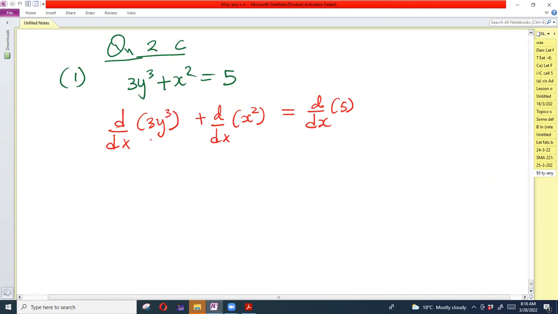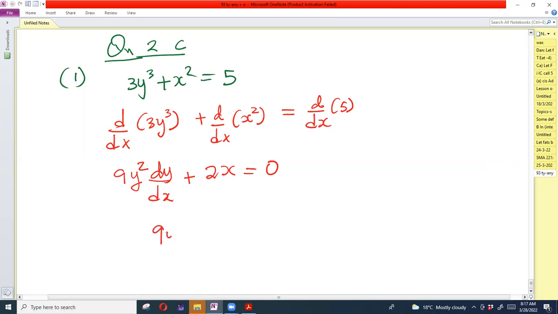Using the power rule here, we'll get 9y squared, but then y is taken to be a differentiable function of x, so you write dy/dx, plus this will give us 2x equals 0. Now, the next step is to have the term with dy/dx on the left hand side.